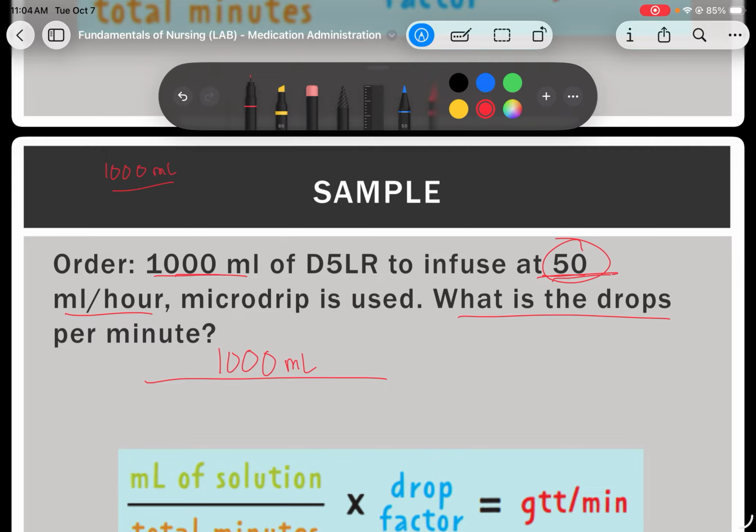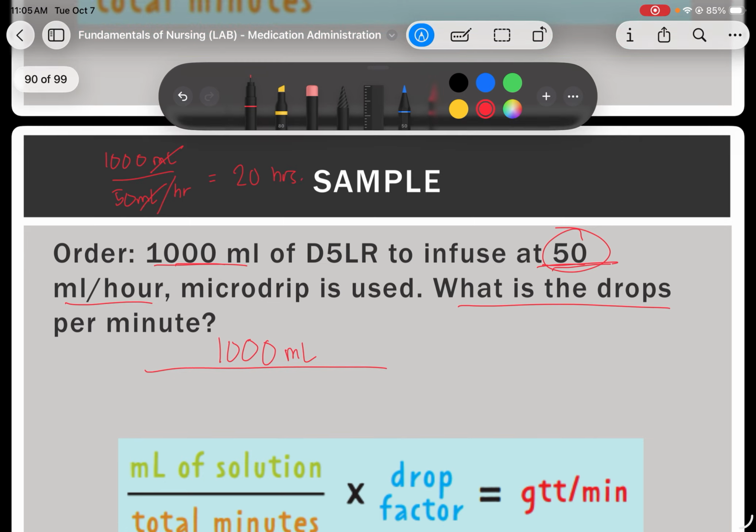So 1000 ml divided by 50 ml per hour. Okay, I'm gonna remove the ml. So 1000 divided by 50 is 20. So that is 20 hours.